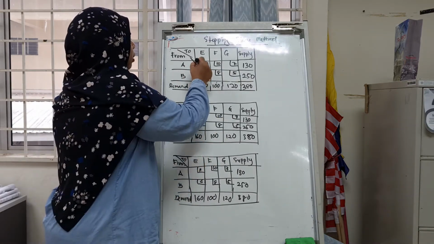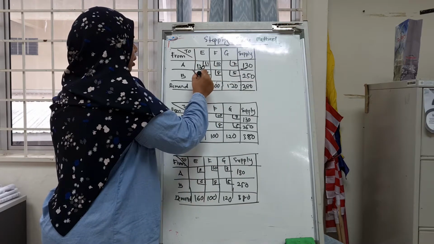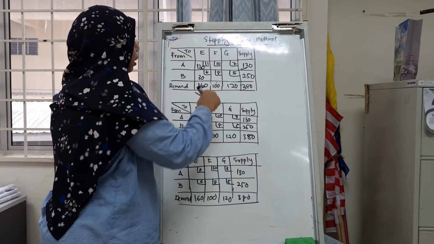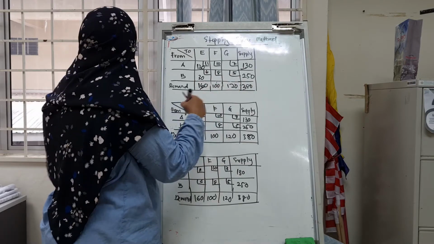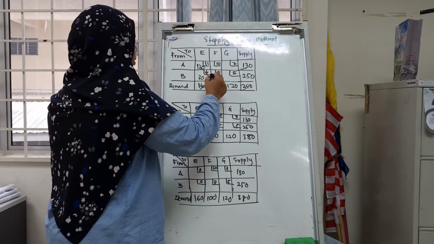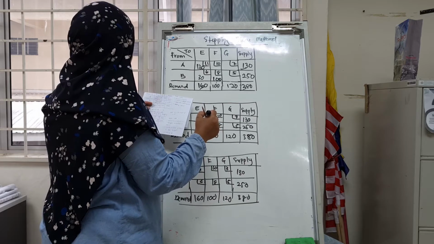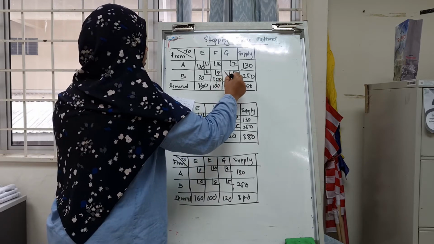This one we put 130. This one is finished. This one, another 30. That one's finished. And then this one is 100, and then this one is 120.